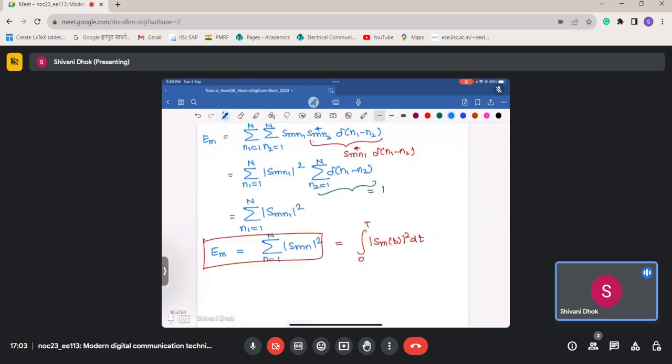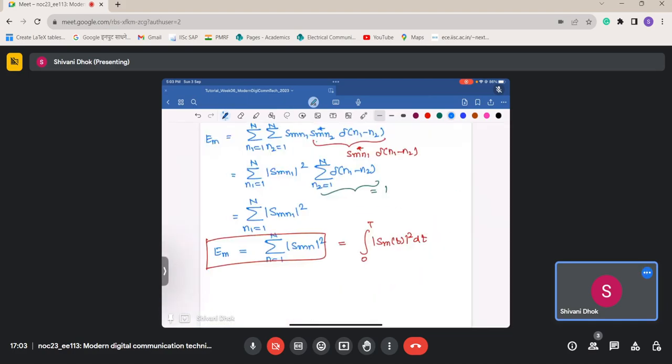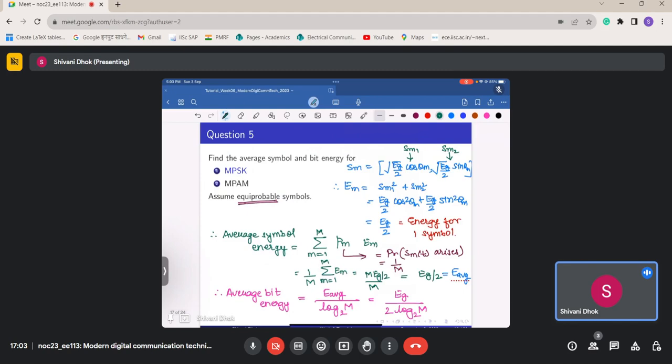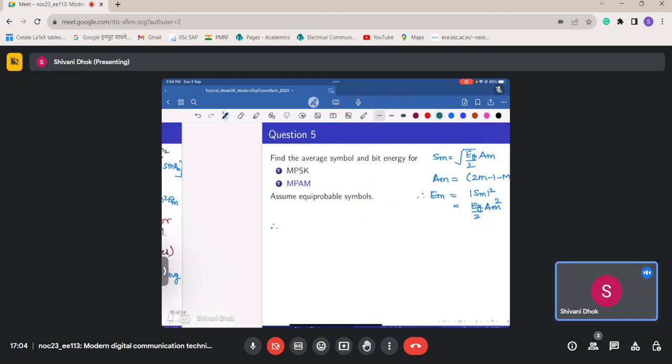And from the formula that we had derived, where Em equals summation n equal to 1 to N magnitude Smn square, here we just have one basis, therefore the energy Em is equal to magnitude Sm square, which comes out to be Eg by 2 Am square. And therefore, similar to the previous question, the average symbol energy assuming equiprobable symbols will be 1 by M summation m equal to 1 to capital M Em. So let me write that also.